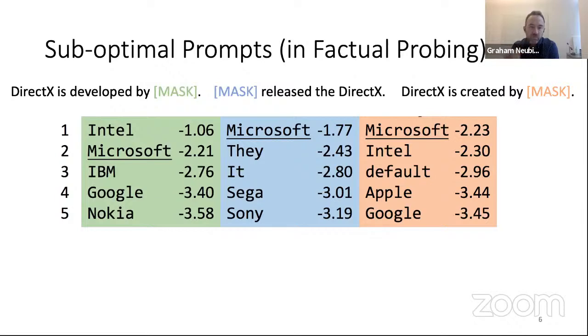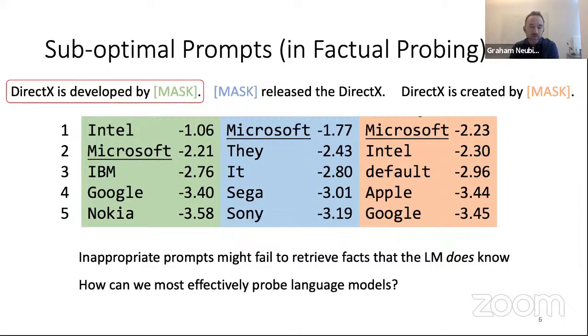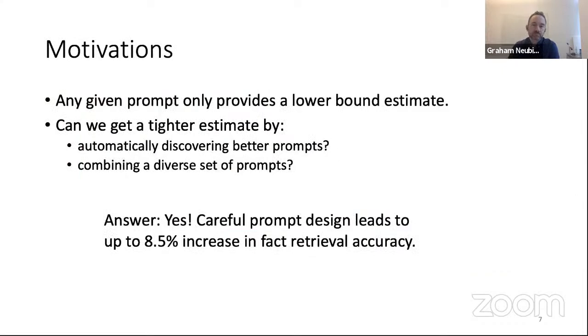However, if we have "[MASK] released the DirectX", or "DirectX is created by [MASK]", Microsoft is predicted as the correct answer over other plausible possibilities. So in other words, inappropriate prompts might fail to retrieve facts that the language model does know, or could predict properly if we had a better prompt. So the question becomes, how can we most effectively probe language models?